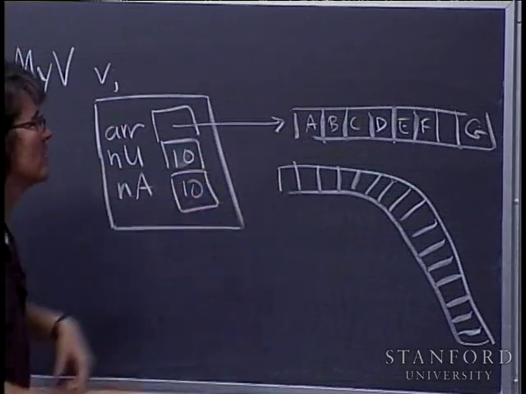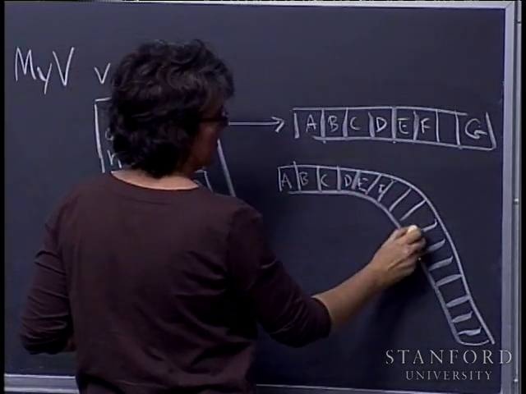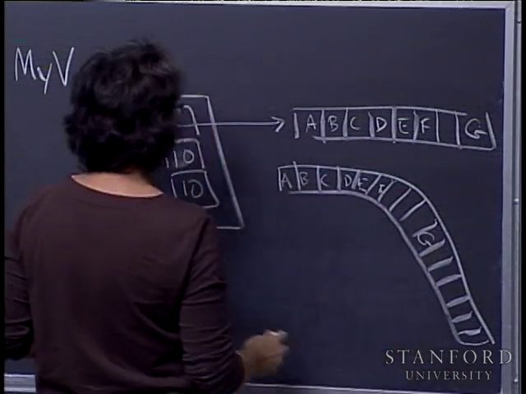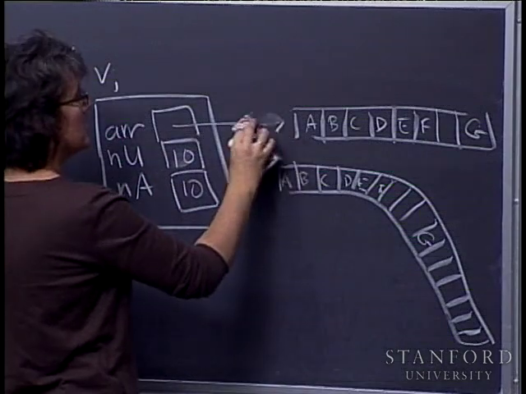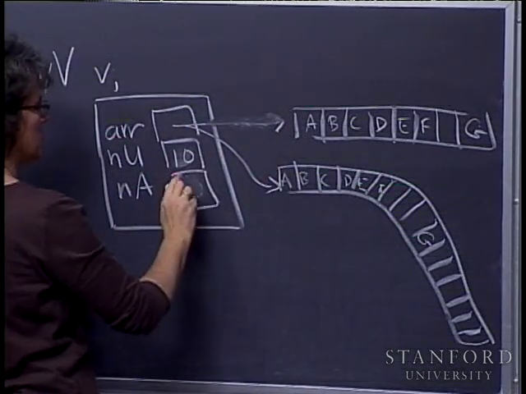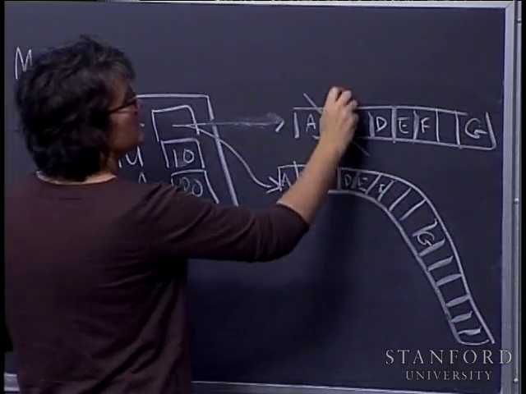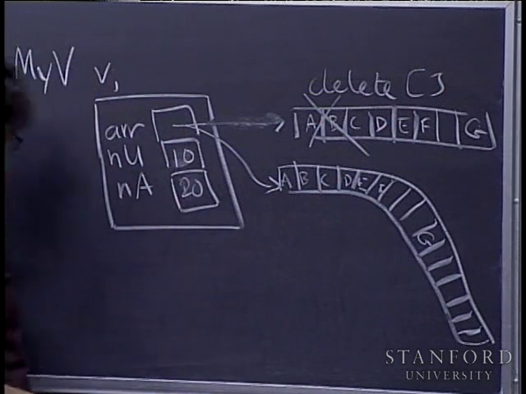Then I will copy over all these guys that I have up to the end, and then I have these new spaces at the end. I will have to reset my pointer to point to there, update my num allocated to be twice as big, and then delete this old region that I'm no longer using.